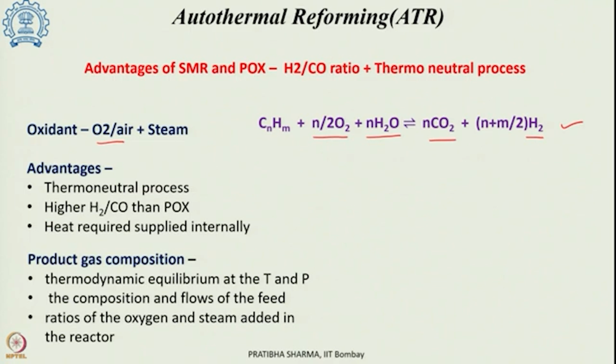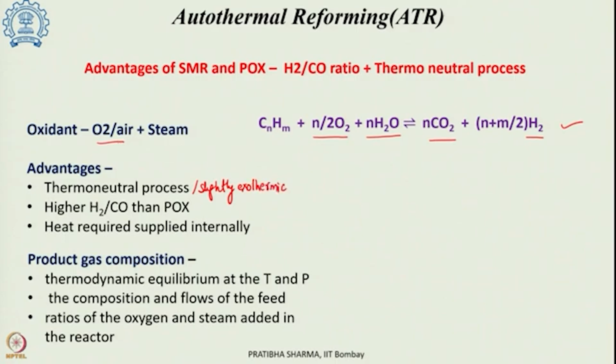Now the process can either be thermoneutral, wherein the entire heat of reaction required for the endothermic reaction is met by the heat produced by the exothermic reaction, or it can be slightly exothermic.